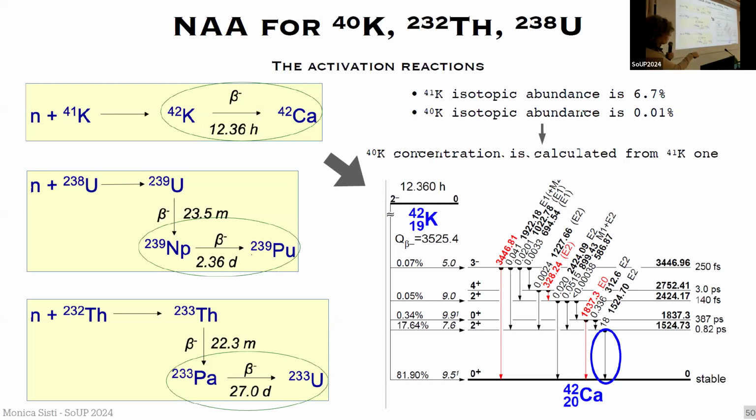And for potassium, for example, this is very important because, I didn't mention it, so thank you for the question, this has a 1.5 MeV decay energy, and this is also why neutron activation for potassium is very nice, because at 1.5 MeV, usually the background of the germanium spectrometer is very low.